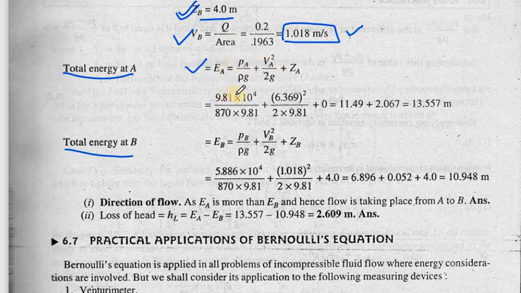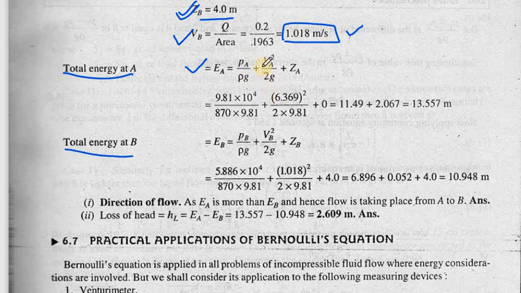PA we have got 9.81 into 10 to the power 4 divided by what? 870 into 9.81. So the density value we have calculated for oil is 870, multiplied by 9.81.